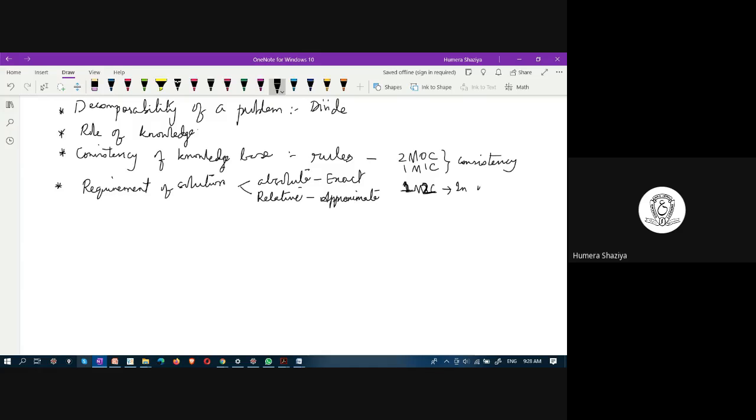Today we looked at control strategies, characteristics of problem. Let's begin another topic, which is exhaustive search.